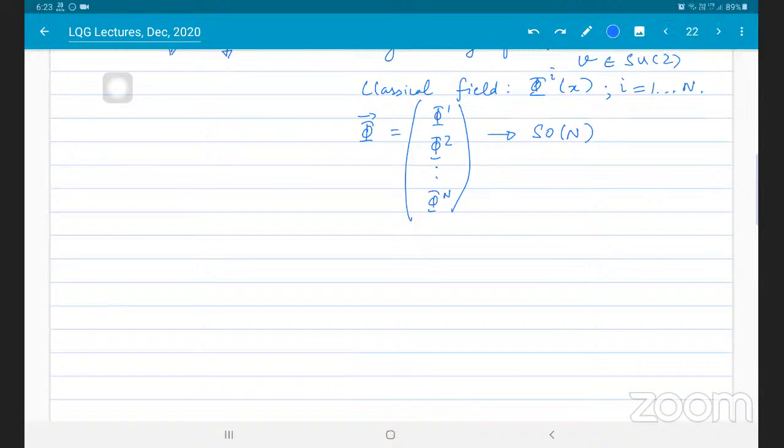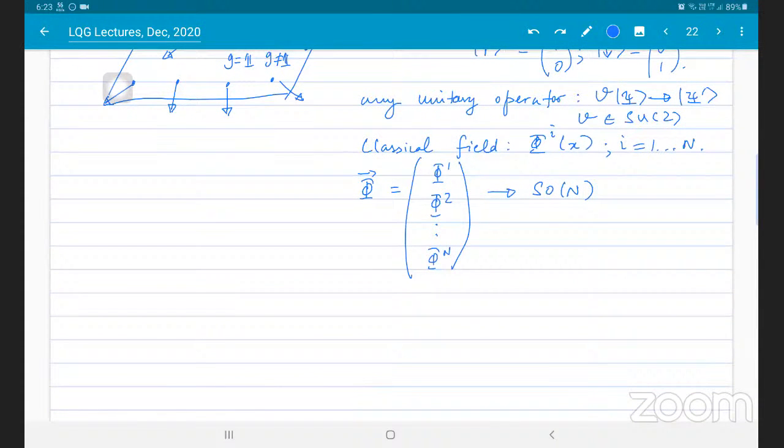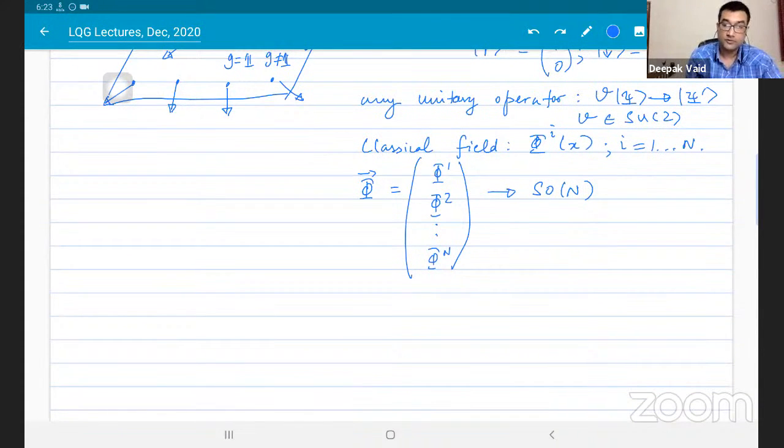Okay, so why do you restrict to SU2 rather than U2? Special unitary, right? Well, yeah, you're right.